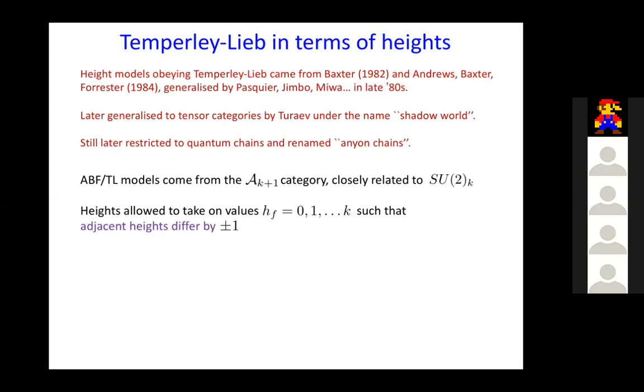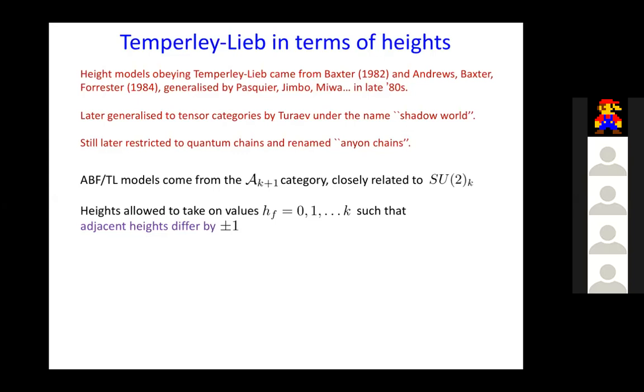It relates these geometric models that I talked about before to these height models. In the algebraic language, this was known in the physics world, and then Turaev and Jones, and then Turaev generalizing, lots of people generalizing, showed how to do it in the shadow world.